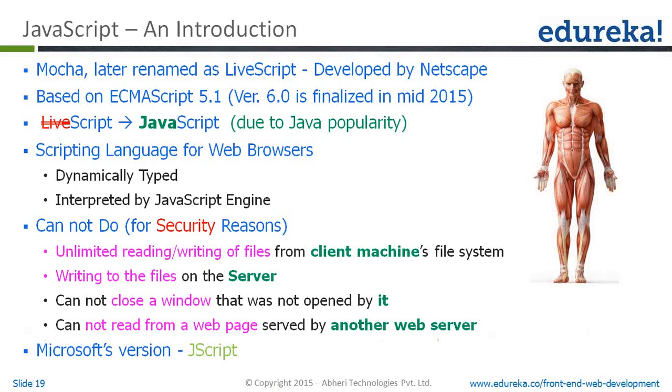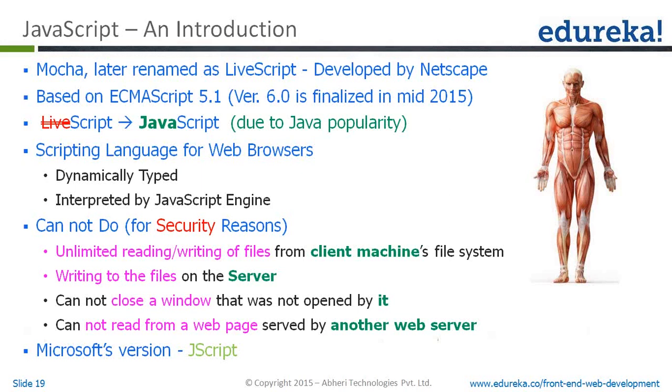Initially, the origins of JavaScript, which was LiveScript, it was developed by Netscape in the early days of the web. And JavaScript is actually a dynamically typed language, and you need a JavaScript engine to execute this JavaScript language.